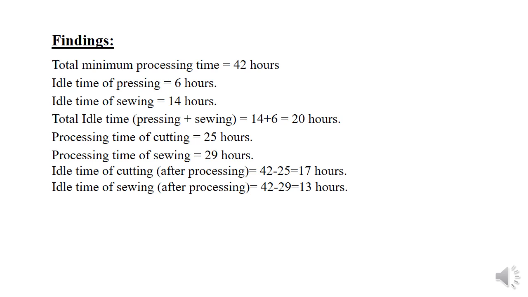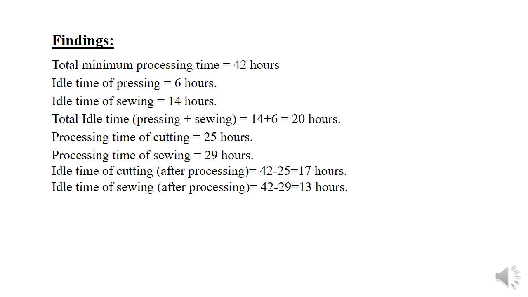The total idle time of pressing machine is 6 hours, the total idle time of sewing machine is 14 hours. And we can add them, that means the total idle time of pressing machine and sewing machine is equal to 14 plus 6, 20 hours.